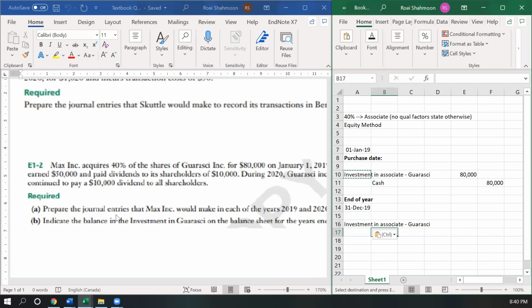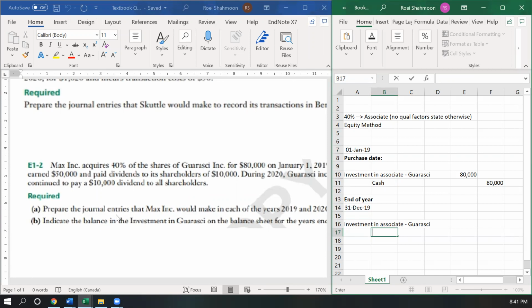But what is my credit? Is it cash? No, that doesn't make sense. I'm getting cash technically. It's a little tricky, isn't it? So I'll give you guys a second just to think about it. And I hope you guys try these questions before I solved them like this.